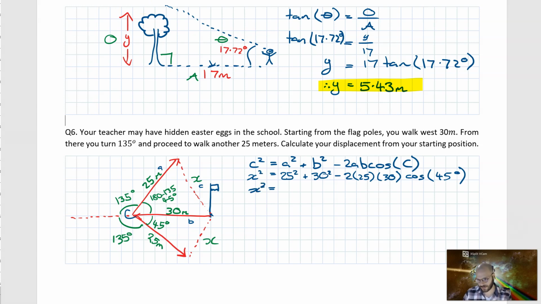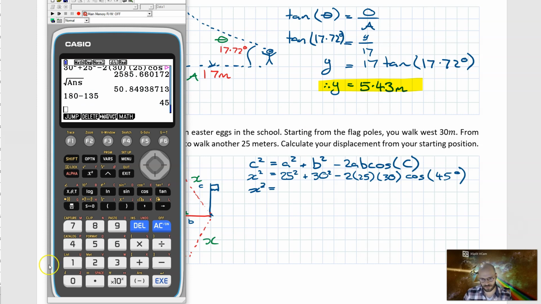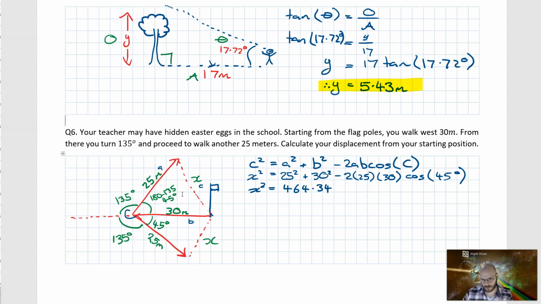Now we pull up our calculators and we throw in our values that we have here. So 25 squared plus 30 squared minus 2 times 25 times 30 cosine of 45. This will come out to be 464.384. And the solution we have at the moment seems ridiculous because it's so large relative to the other side lengths.